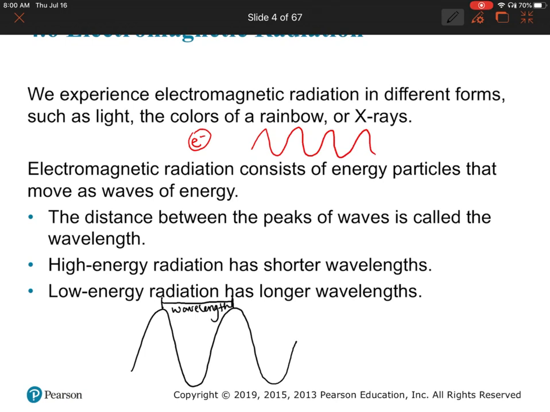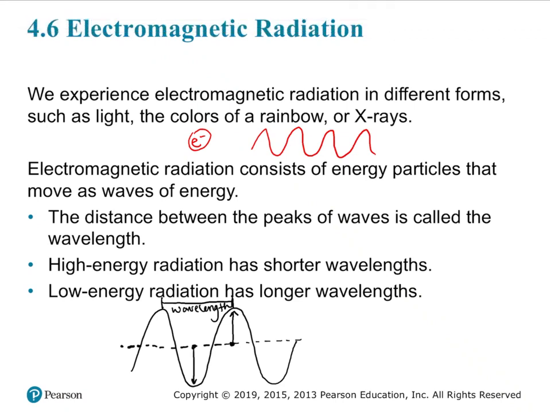Now you can also measure the height of a wave. So if you divide this in half, from that halfway point to the top of a wave, or even to the bottom, that is called the amplitude or the height.